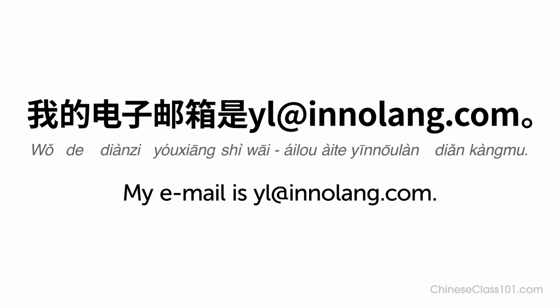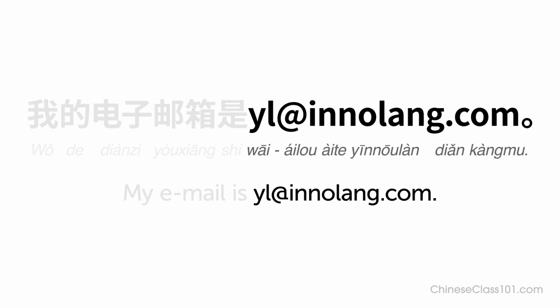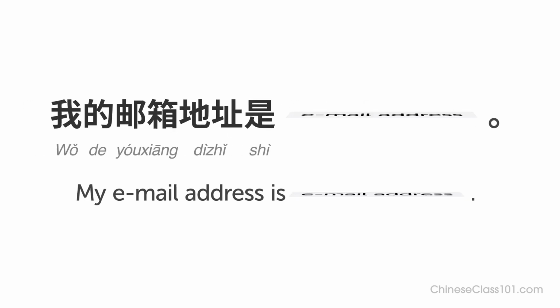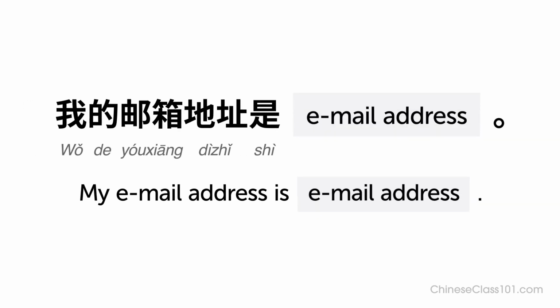The entire first part, 我的电子邮箱是, my email is, is omitted here because it's clear from the context the speaker is giving their email. This is the shortest answer to a request to get your email address. You should be aware of this sentence pattern, but for this lesson, we use the pattern 我的邮箱地址是 email address. My email address is email address.